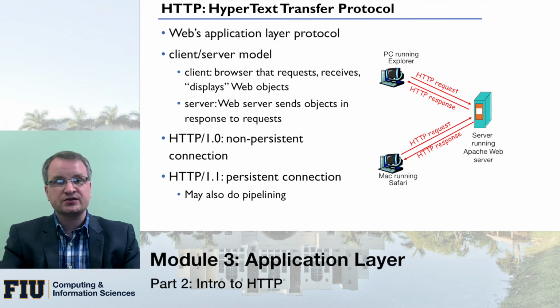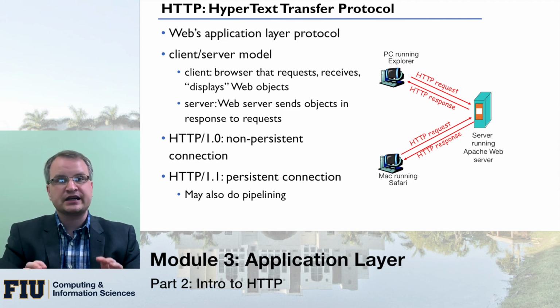So one of the important modifications was to make it a persistent connection, which means that instead of establishing a new connection every time, if you want to request some object from the same server, you can just keep the same connection. You establish the TCP connection once and request multiple times.